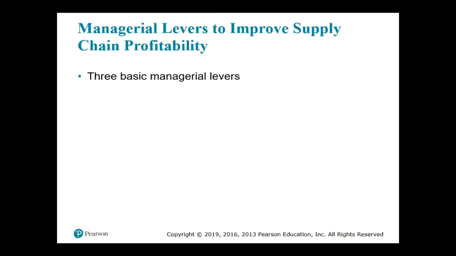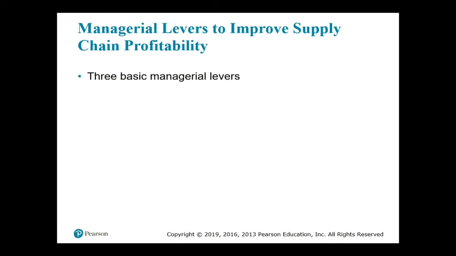So there are 3 basic levers based on how we determine the optimal profit and optimal service level.